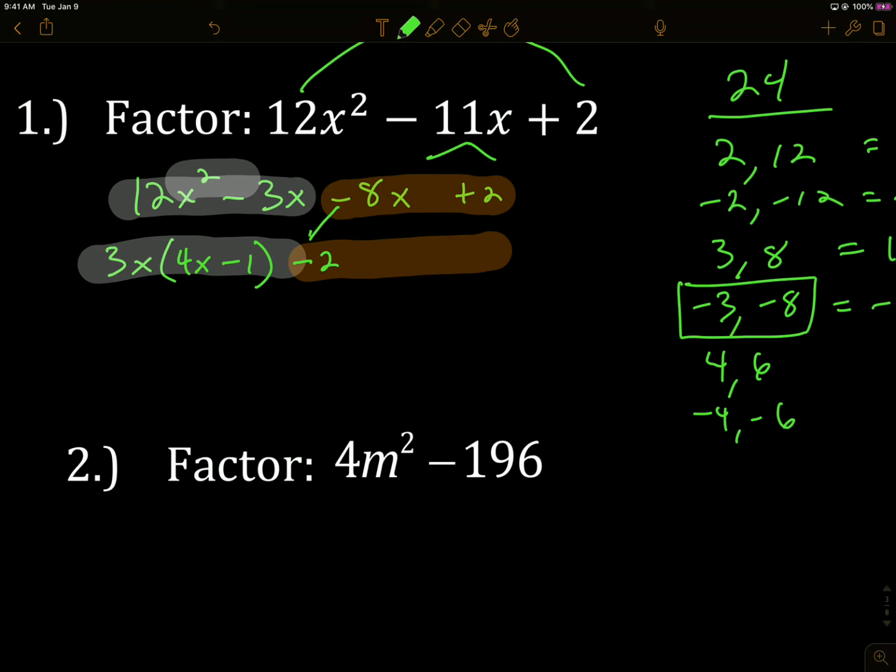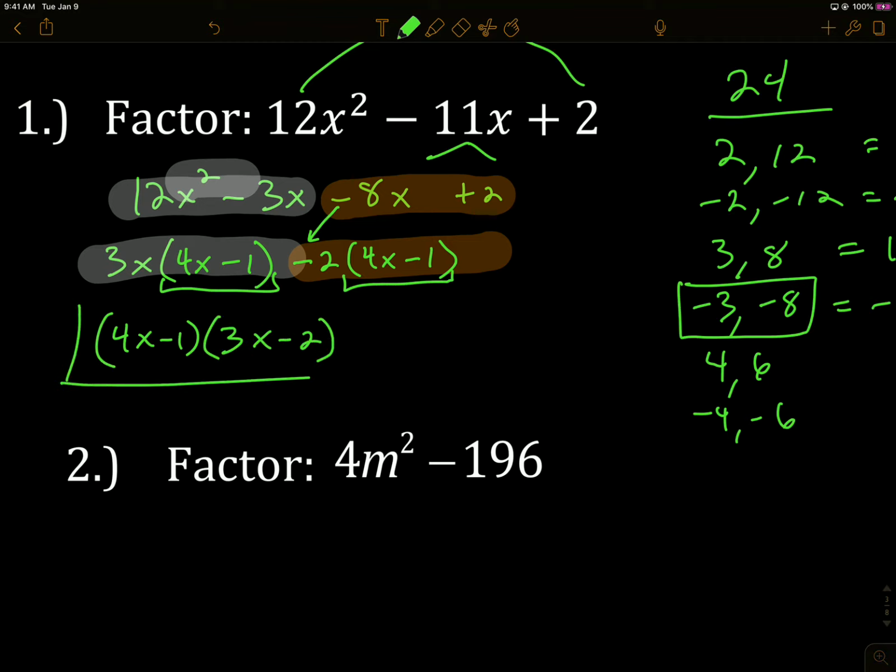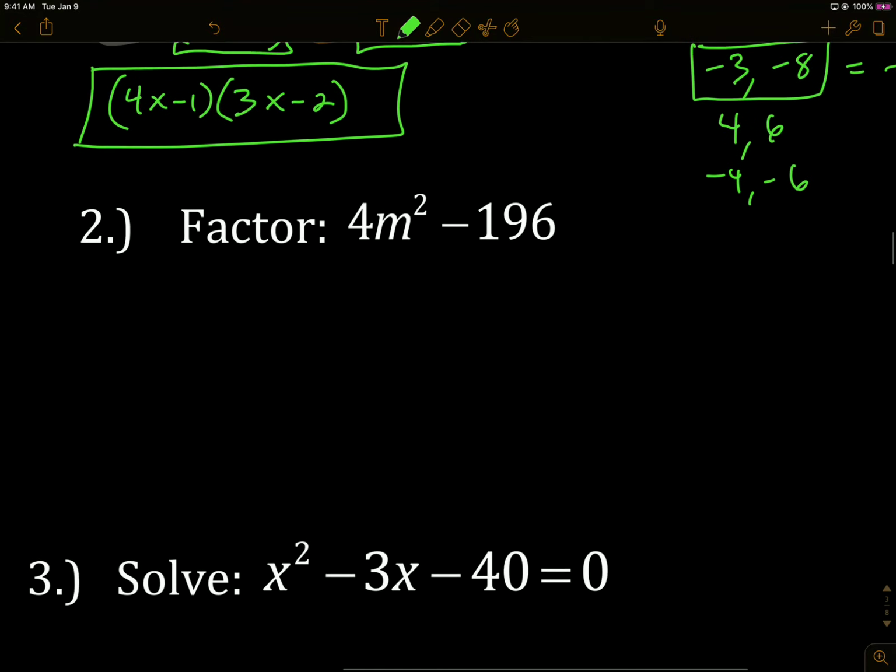I always, if this is a negative, I factor out a negative. If I factor out a negative 2, I get a 4x, and then a 2 divided by negative 2 is a negative 1. Now I see that these both have that common factor, so I common factor out a 4x minus 1. I'm left with a 3x minus 2 if I divide it out.